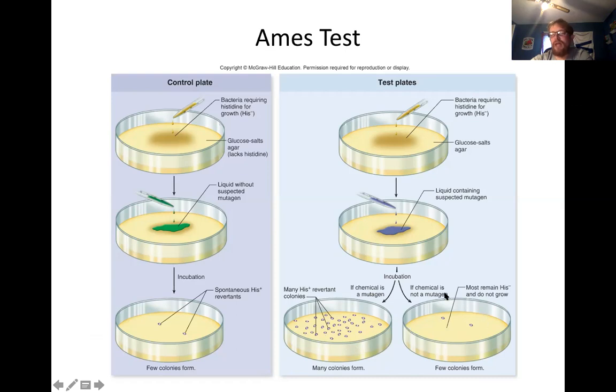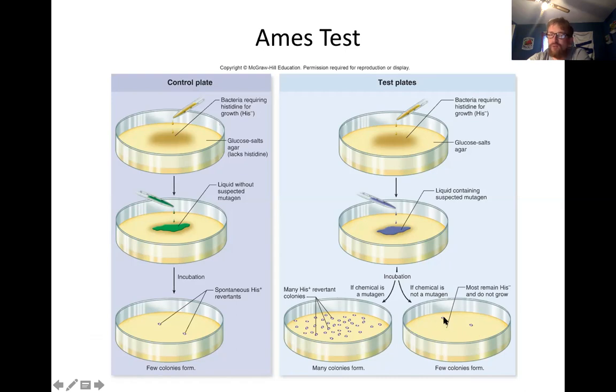If the chemical is not a mutagen, well, then you'll only see a couple colonies, and these colonies, again, are here because of a spontaneous mutation that occurred in the absence of the mutagen. The reason that you need to have this control plate present is because if you didn't do a control plate without the mutagen, you could maybe tell me, well, they grew because a mutation was induced.